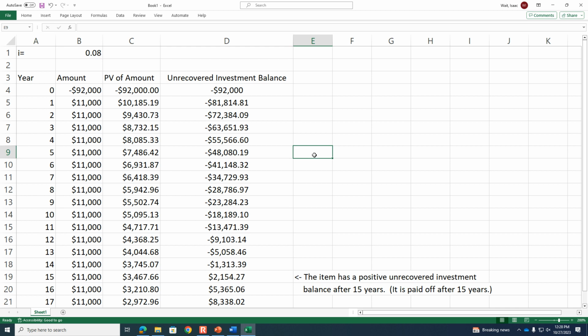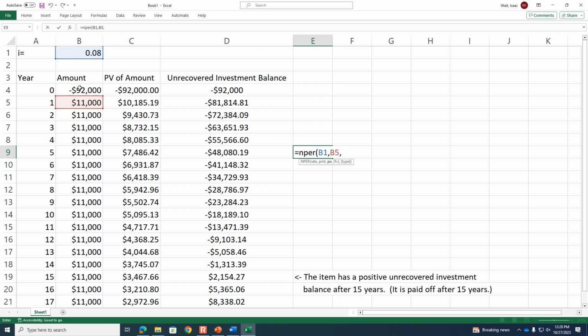So here, NPER, okay, it says rate. It wants to know the interest rate, so that's 8%. And then it wants to know the payment amount. So the payment amount, the recurring $11,000 each year is the payment amount.